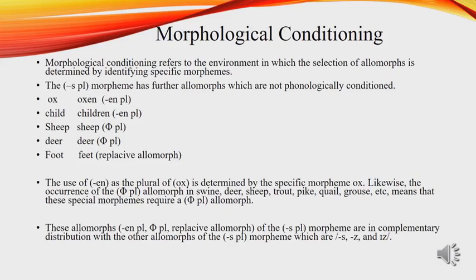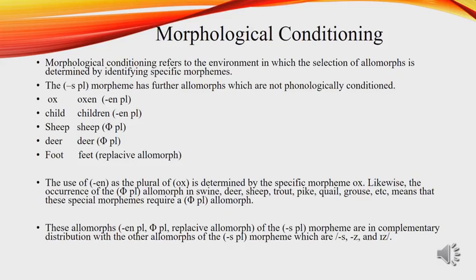It means that specific morphemes require the use of a specific allomorph. A specific morpheme requires the use of a specific allomorph. So it is all about morphemes, not about sounds or phonology in this type of conditioning.